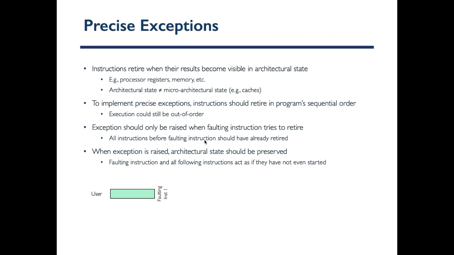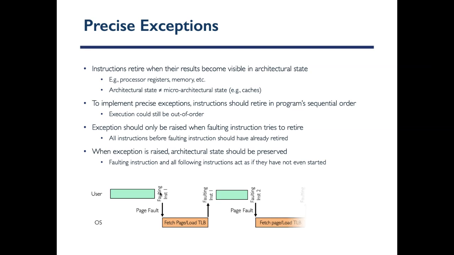So here is an example. Let's say the user program is running, then I have a faulting instruction. What you see here is the order of retiring of the instructions. Everything before this faulting instruction has retired. At this point, let's say a page fault happens. The operating system gets involved. It fetches the page. It loads the TLB. The loading of the TLB happens by the hardware, and then you start with your life.